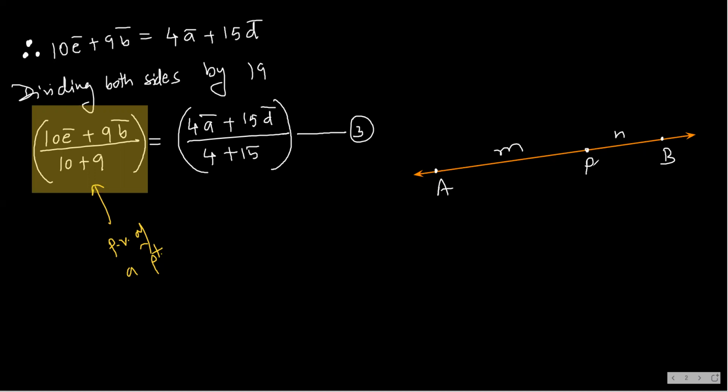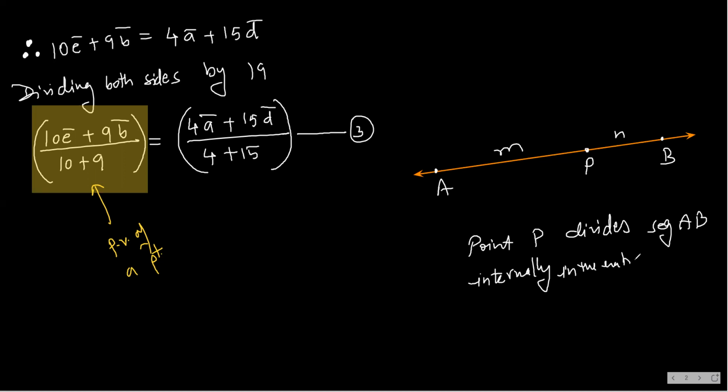The statement is point P divides segment AB internally in the ratio, what ratio will you write?